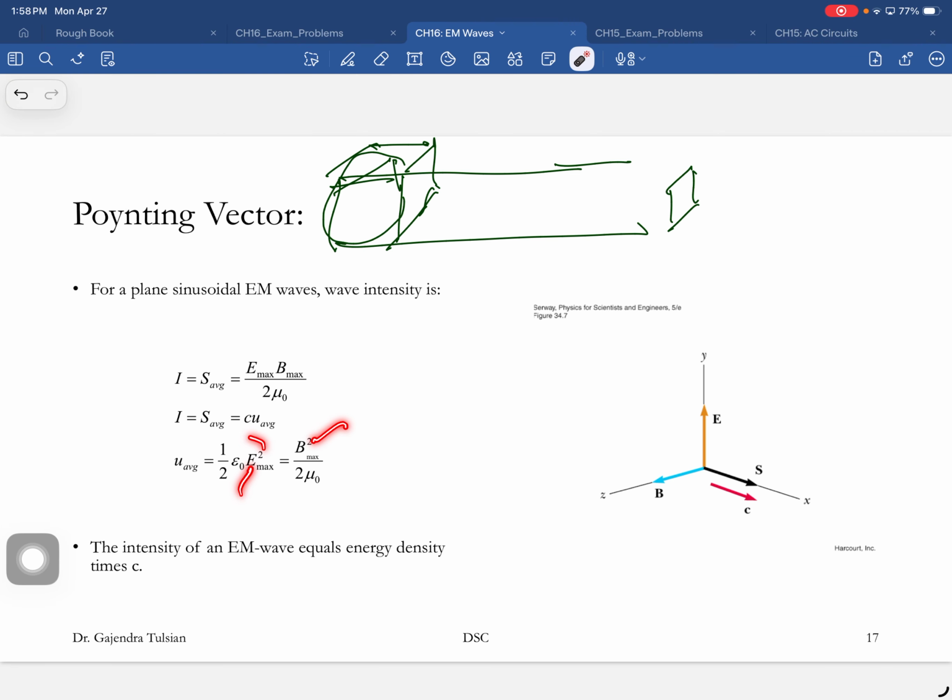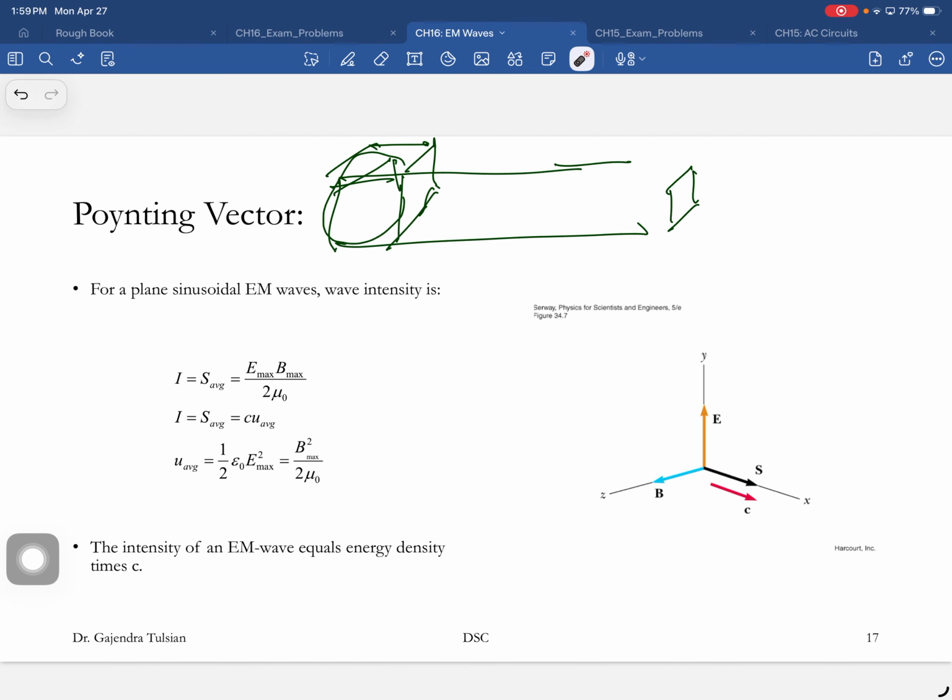So light, either absorbed by a surface or bouncing off that surface, can exert a force on this object. Pressure is force divided by area.